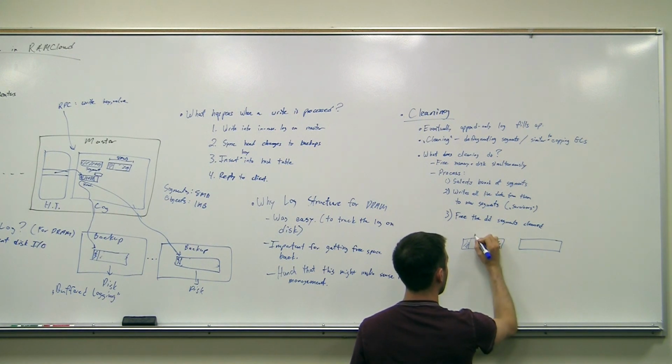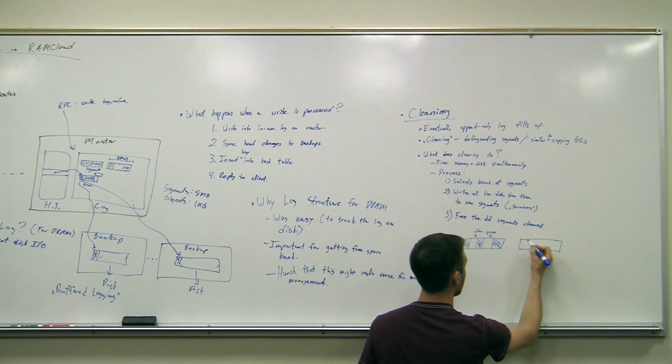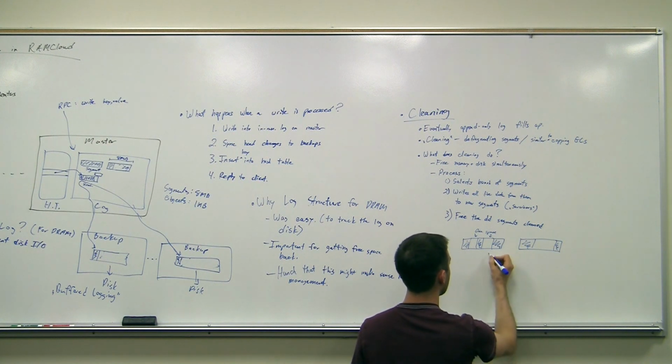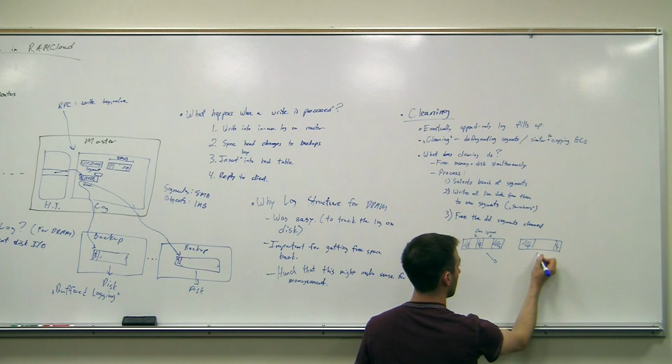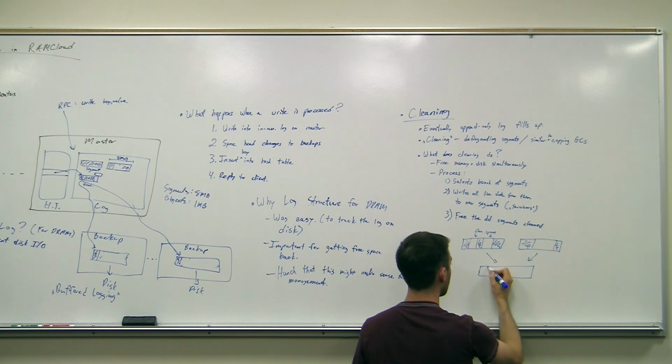Maybe they're kind of Swiss cheese here. So this is free space that's occupied by deleted objects or equivalently overwritten objects. You might choose these 2 segments to clean, and what happens is you write them out into hopefully fewer segments.